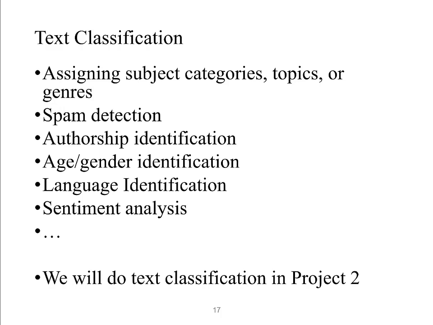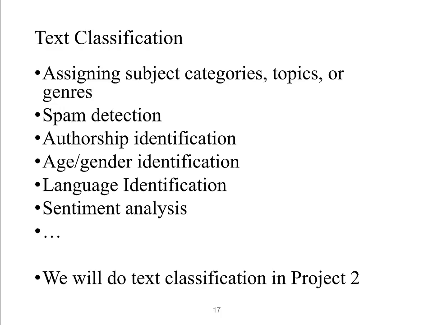This gives you a sense of how machine learning works. Also, in project 2, we will do exactly this, or quite a similar task, which is also text classification. So hopefully it will also help with your project 2.